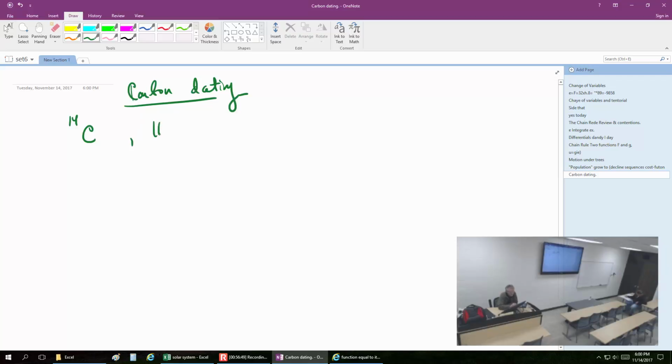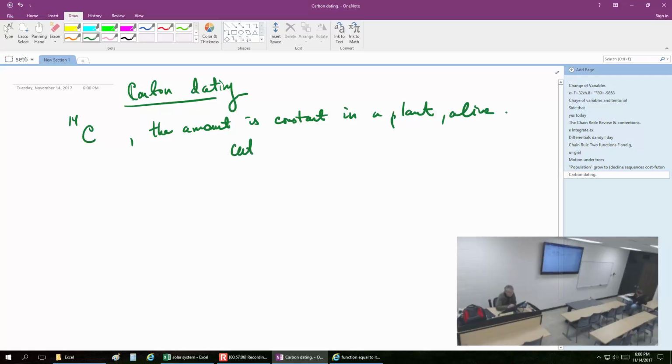The amount is constant in a plant while it's alive.